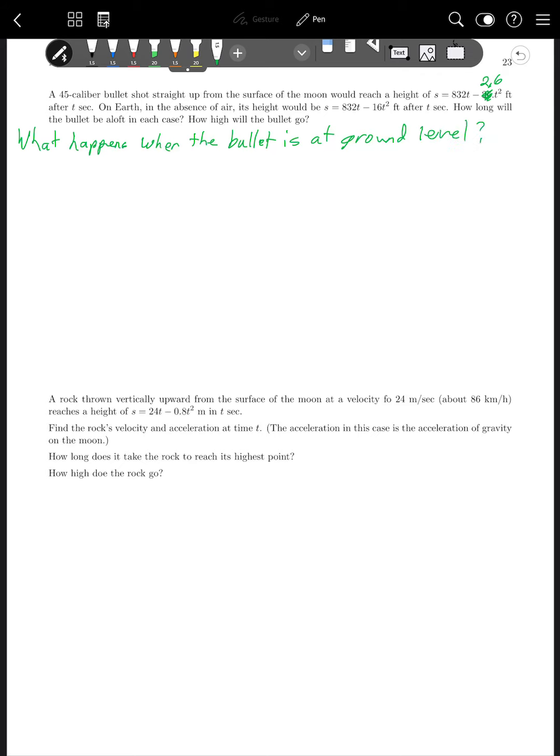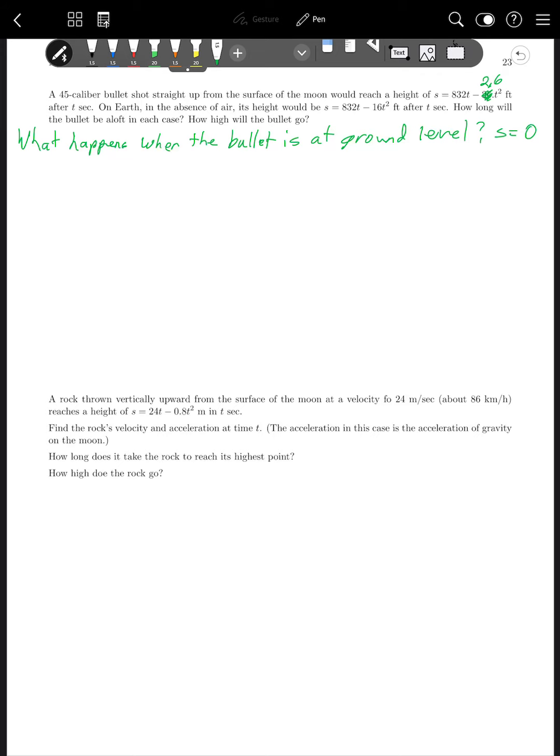The answer is that the position equals 0. To save on space, let me write this over here. So S equals 0. That's where we're starting and that's where we're stopping. So what we want to know is, when does S equal 0?